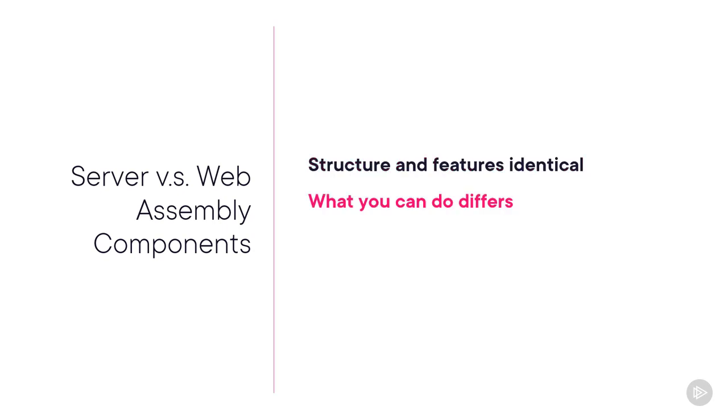However, there's an important thing to keep in mind. What you can do in a component used in WebAssembly mode is limited to what a browser can do, and in Blazor Server to what the server can do, which is a lot more. Let's say we want to access the file system with the File class in a component.